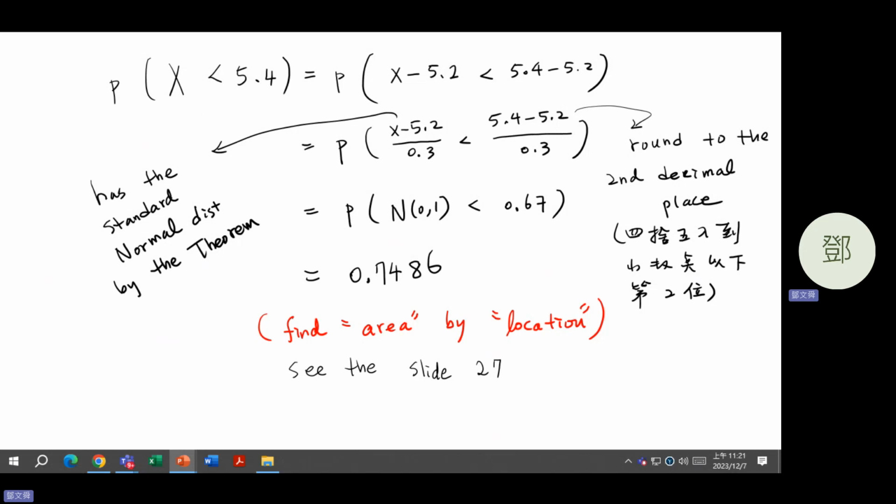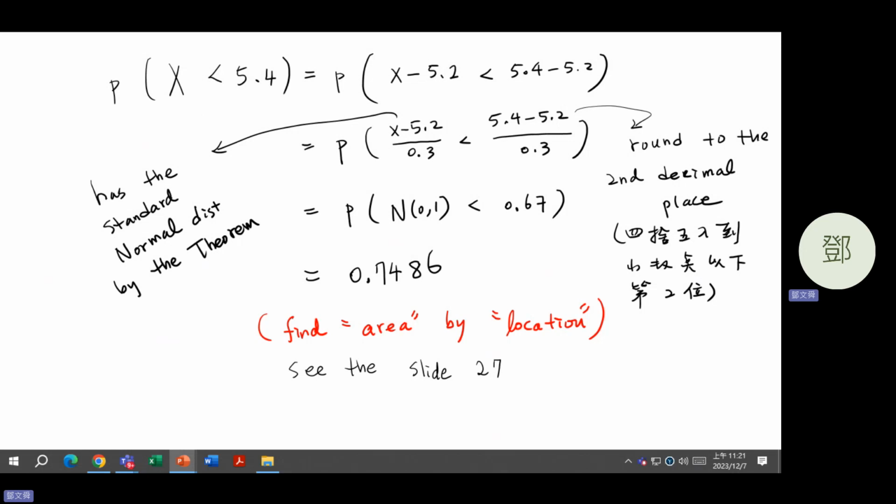It still remains unchanged if both sides are divided by 0.3.